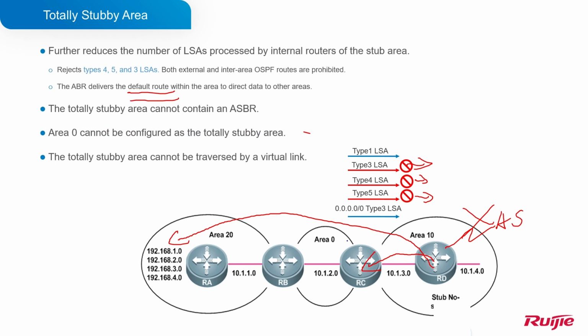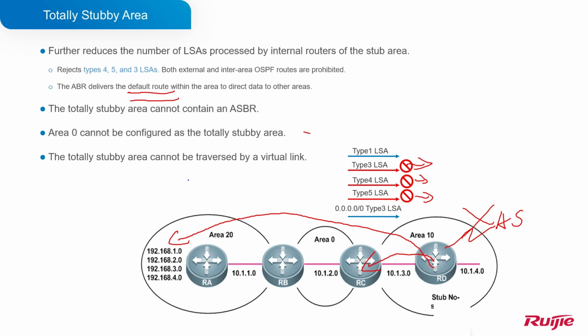It means we can't set the backbone area to become a totally stub area, because we know the totally stub area will reduce the detailed information about type 3, type 4, and type 5. So if we set area 0 to become a totally stub area, it may cause some problems or errors in transmitting the packets between the non-backbone area and the backbone area.